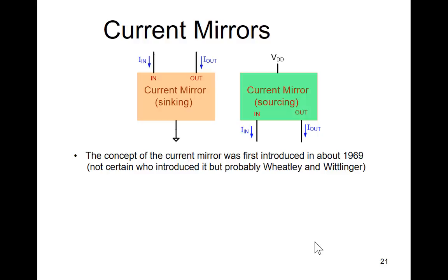So we almost always will draw a current mirror like this. So this would be a P-channel current mirror, right? And I'll give another example. If you look at a bridge circuit, we almost always draw a bridge circuit like this.